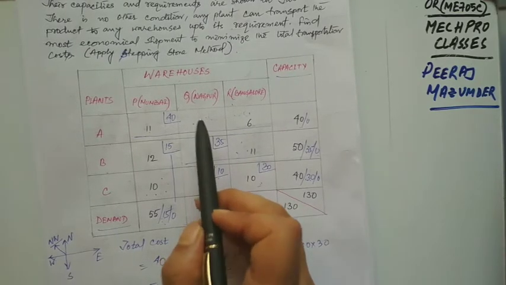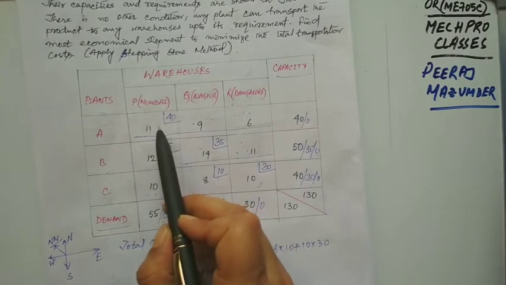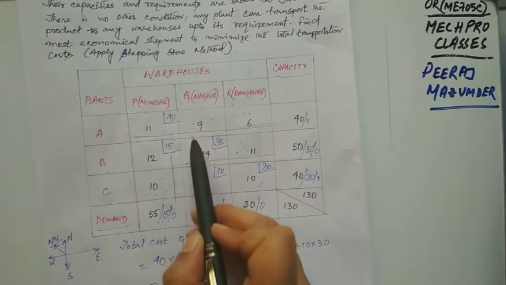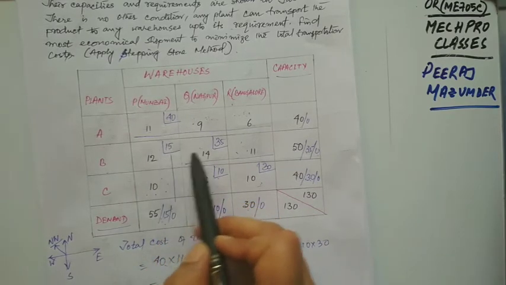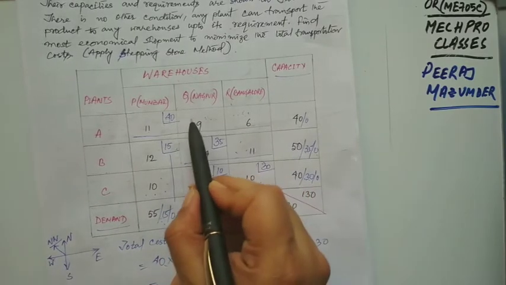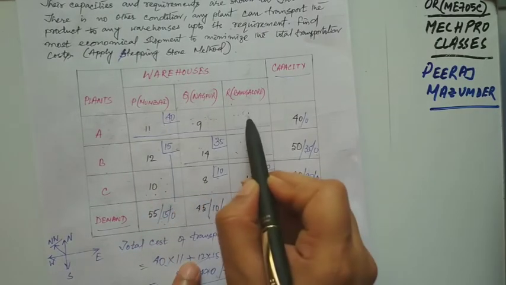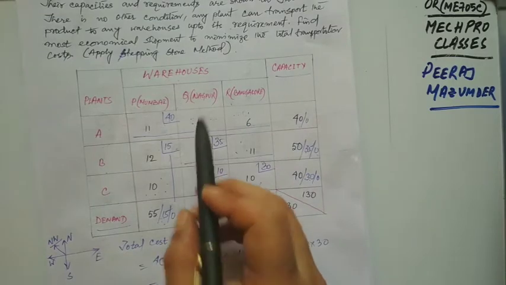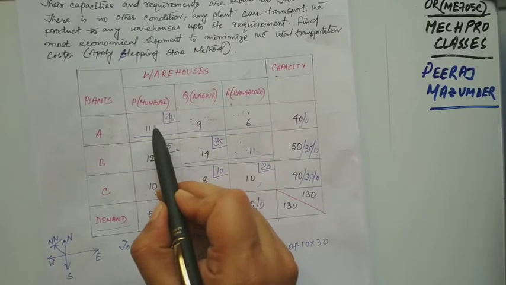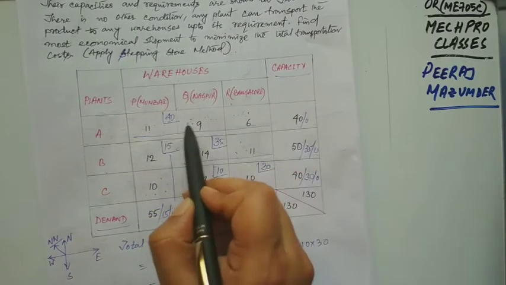Okay, and one more thing, you can take turn. Say this turn, this is a turn. Or this turn, this is a turn, or this one. You can take turn only in the allocated cells only. That means if you are starting from here, you have to go likewise here, or you can go here, but this will take a longer path. So if you start from here, say, and come to here, then only this is the allocated cell. I have allocated here. So this is the allocated cell.